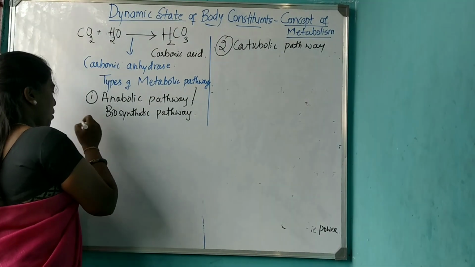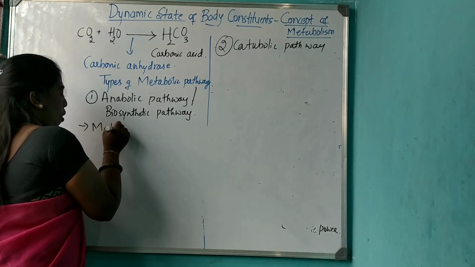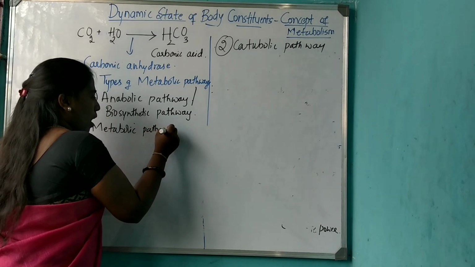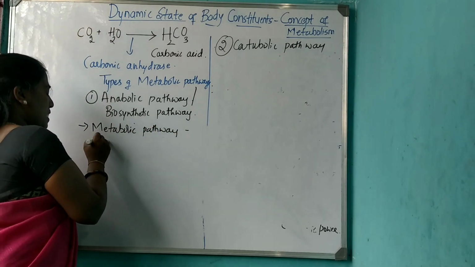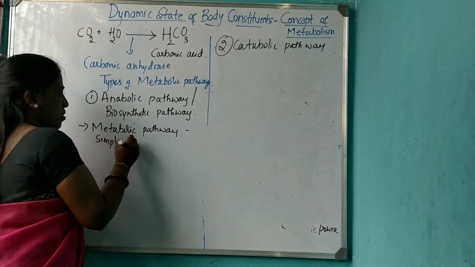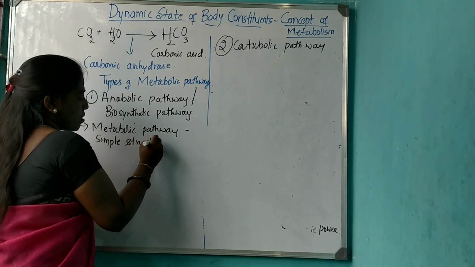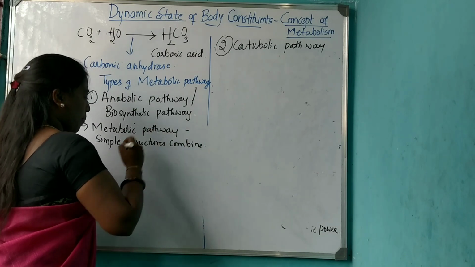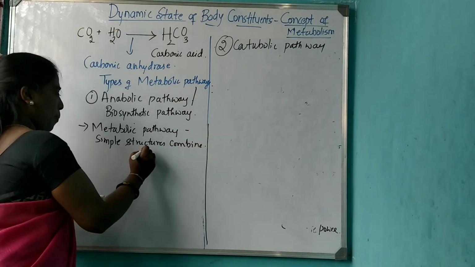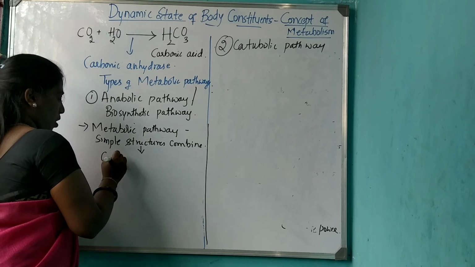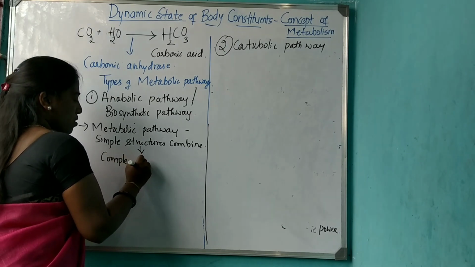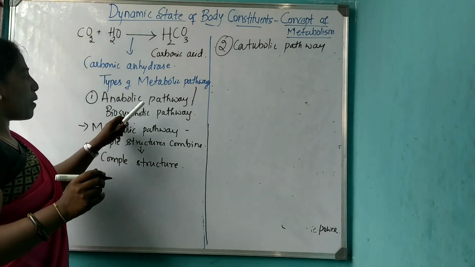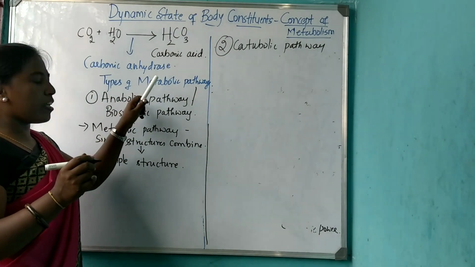So what is an anabolic pathway? It is a type of metabolic pathway in which simple structures combine to form a complex structure, called a biosynthetic pathway or anabolic pathway.